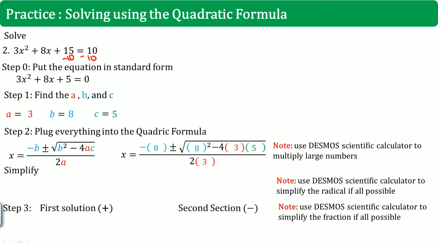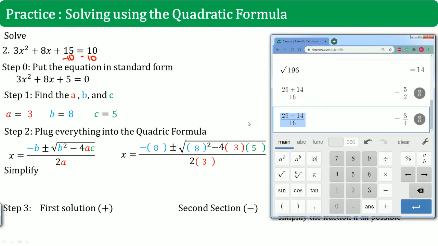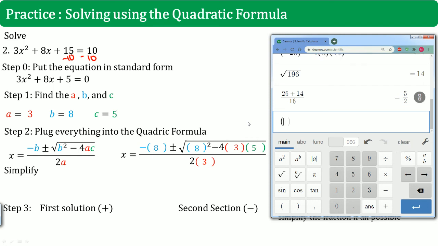We know that the outside is just negative 8 plus and minus a radical of something, divided by a 6. We need to know what's inside that radical. Okay, so let's just plug that into decimals. 8 squared minus 4 times 3 times 5.